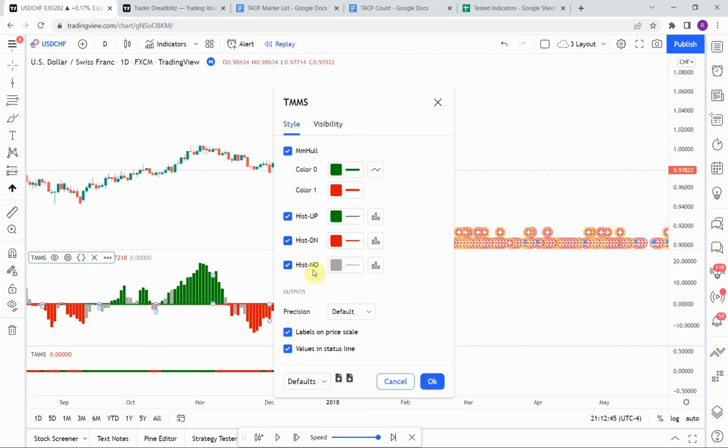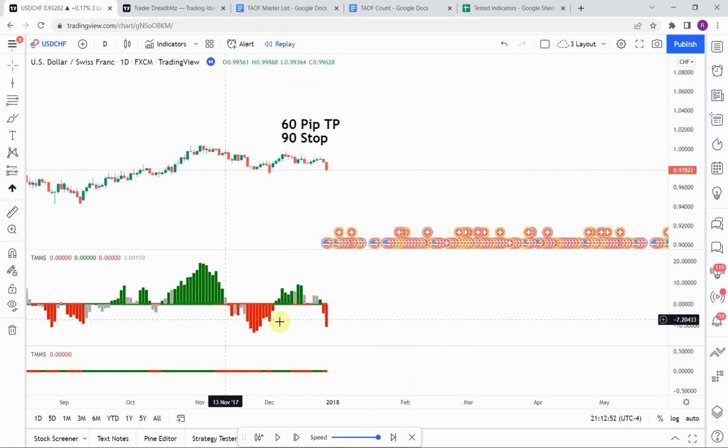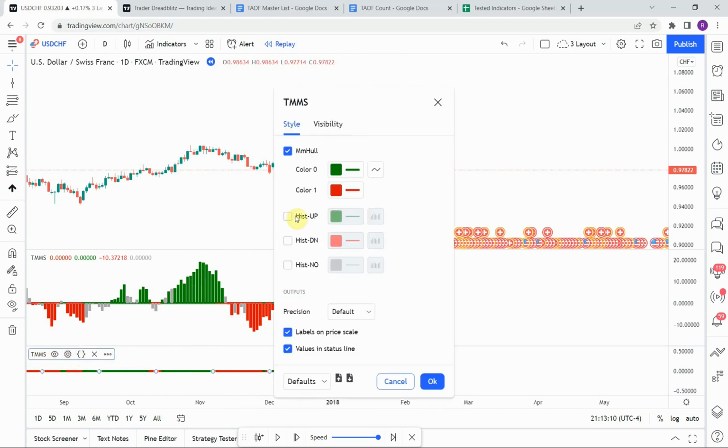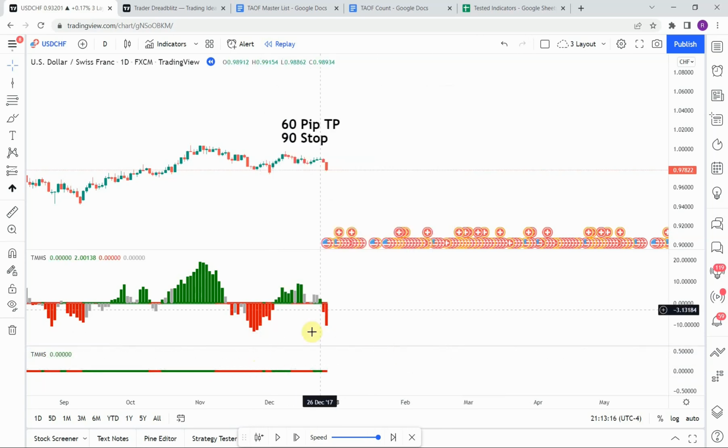All three of these, histogram up, histogram down, and histogram no, have been changed to columns, so that they're just a lot easier to see. That left the center line that switches from red to green, which is quite challenging to see. So I added a second one to the screen, turned off all those histograms, and just left the Hull portion of it.